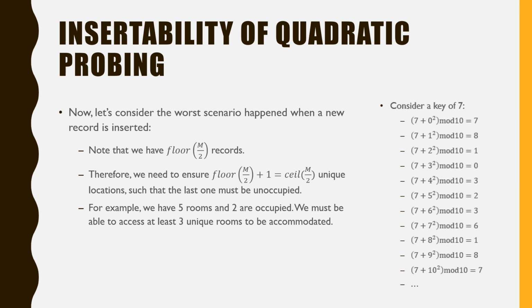Therefore, we must ensure floor M over 2 plus 1, or ceiling M over 2, unique positions. In this case, based on the pigeonhole principle, we can guarantee that at least one position is empty. For example, we have 5 rooms and 2 are occupied. We must be able to access at least 3 unique rooms to be accommodated.